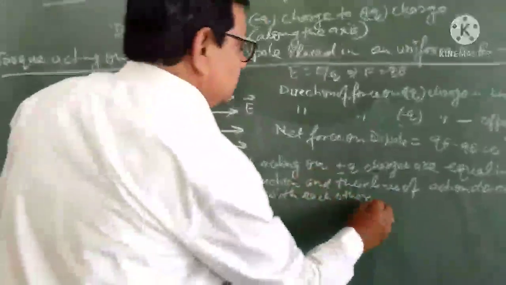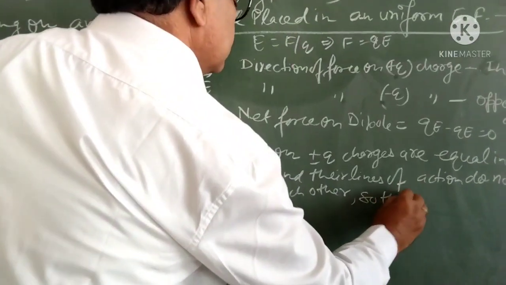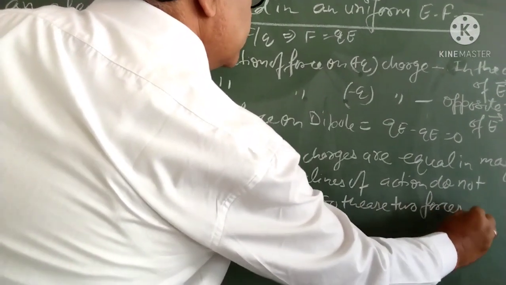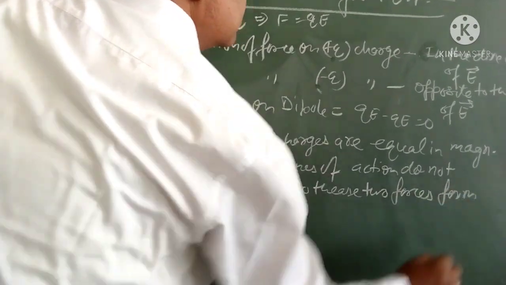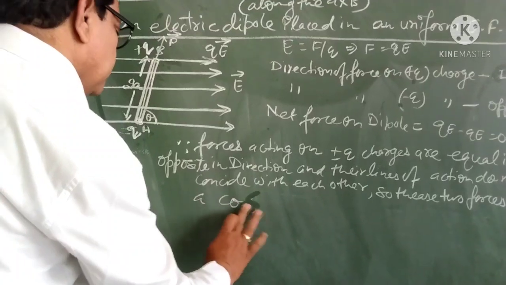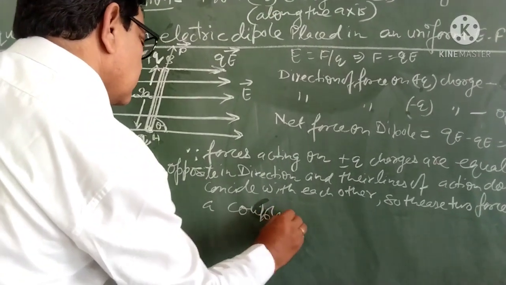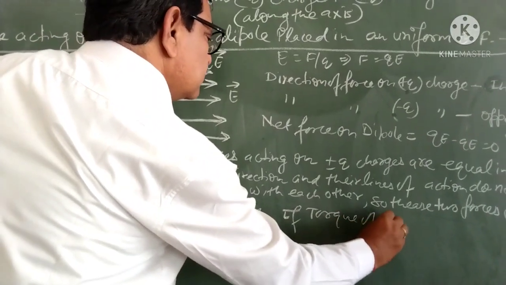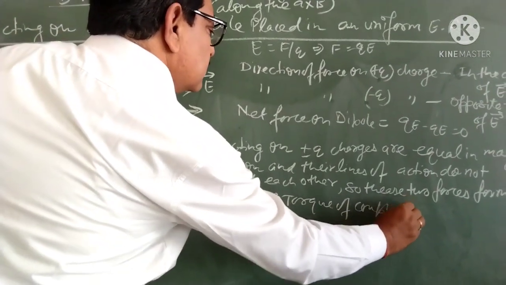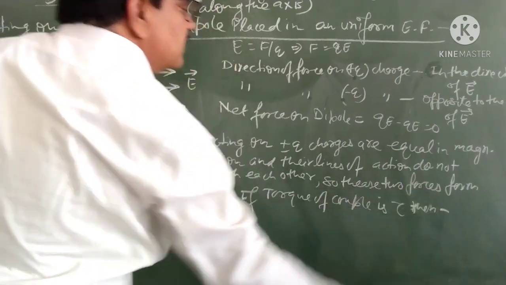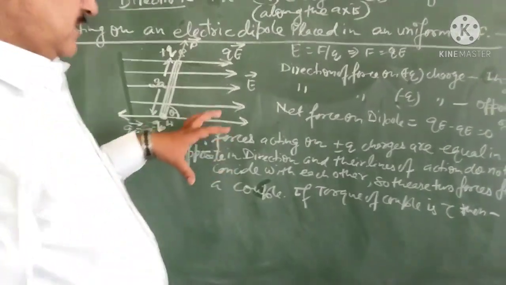Then what happens? These two forces form a couple. If torque of couple is tau, then we can find the value of tau.